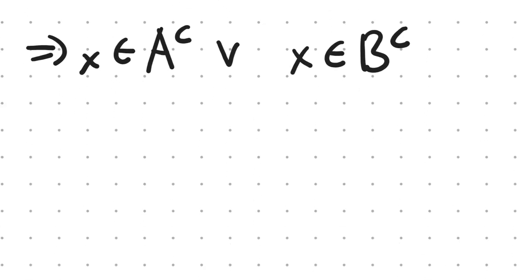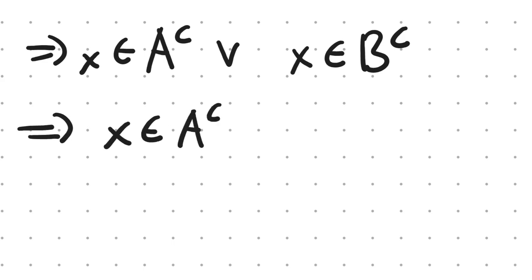And since X is in one of them, A complement or B complement, X should be in A complement union B complement. So we have proven this first subset.